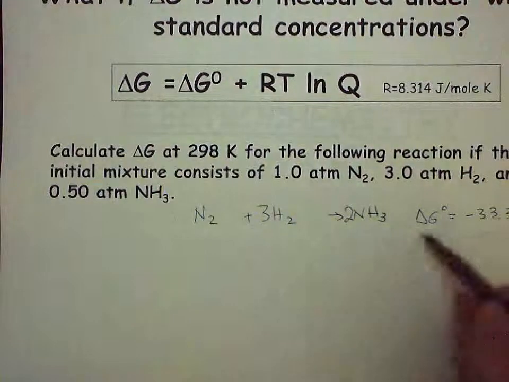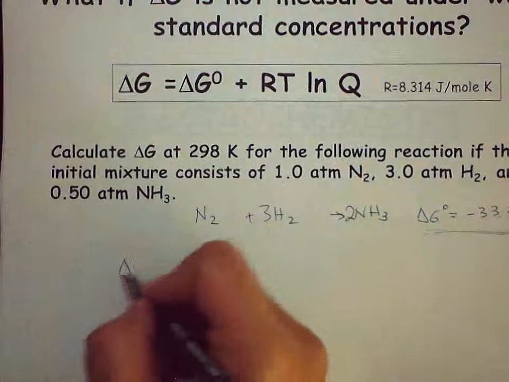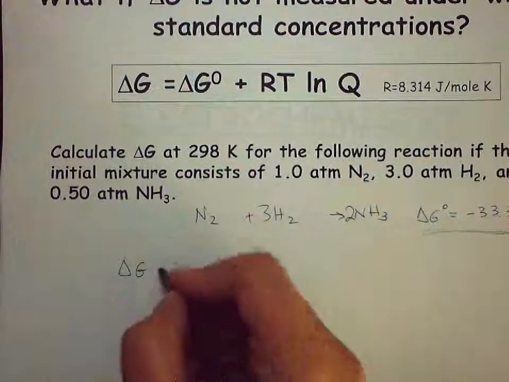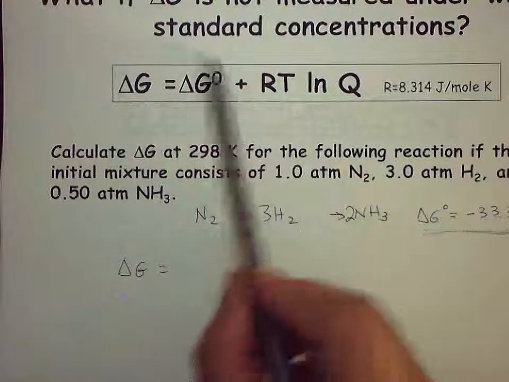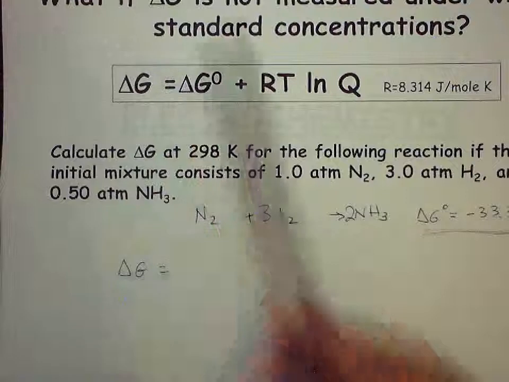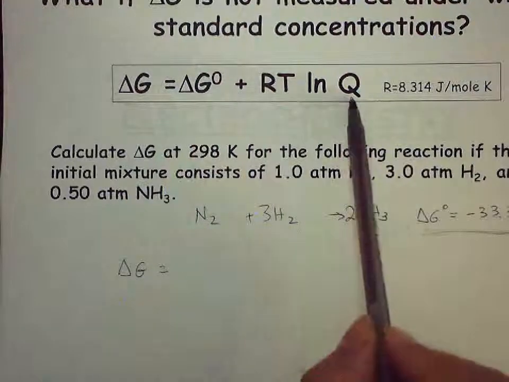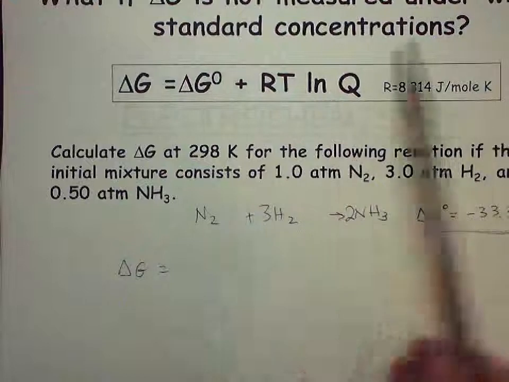This came straight out of the back of the book, doing the sum of the products minus the sum of the reactants. All right, well, what if we wanted to figure out what delta G is under non-standard conditions? Then all you simply do is you take that delta G that you get out of the back of the book from those tables that have already been measured by somebody else, and you add a correction factor. That's what this plus RT ln Q is. It's a correction factor.